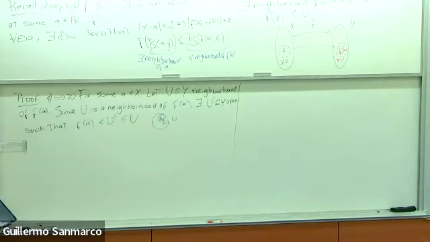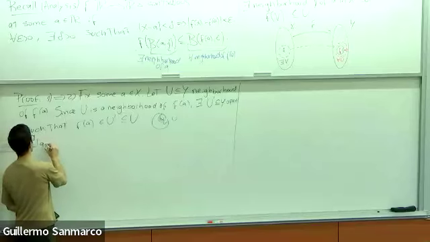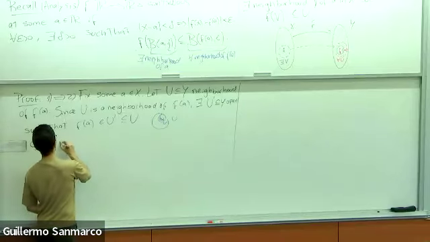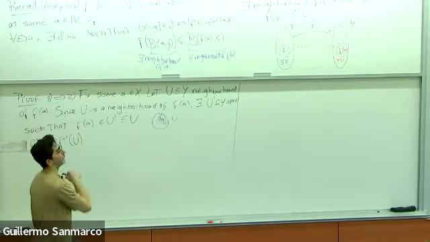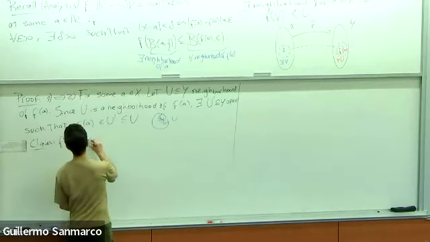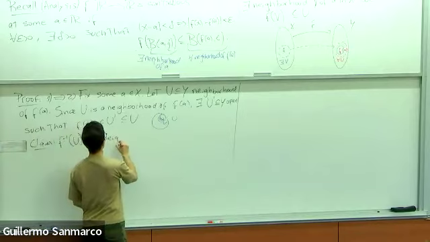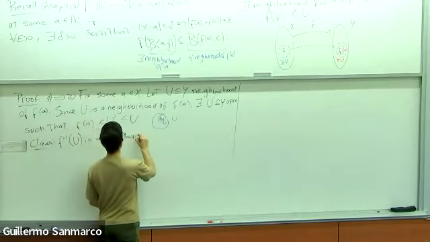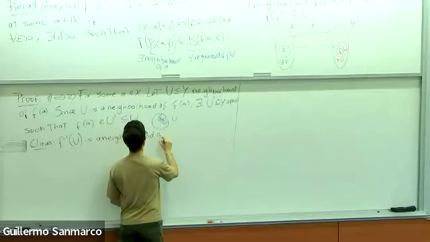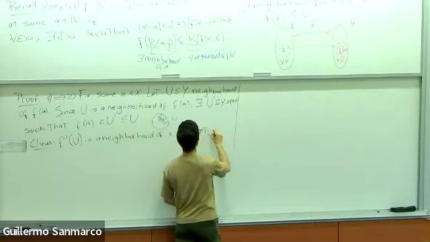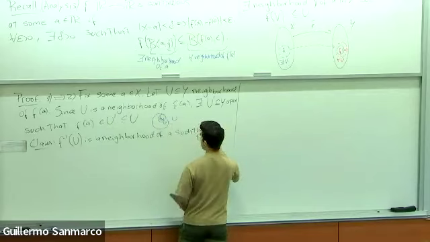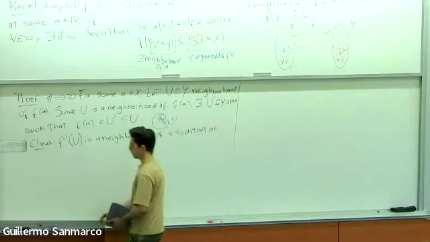And now we need to find some neighborhood V of A, and the claim is f inverse of U is going to work as V. It is a neighborhood of A, doing what it's supposed to do, such that A is in the preimage.